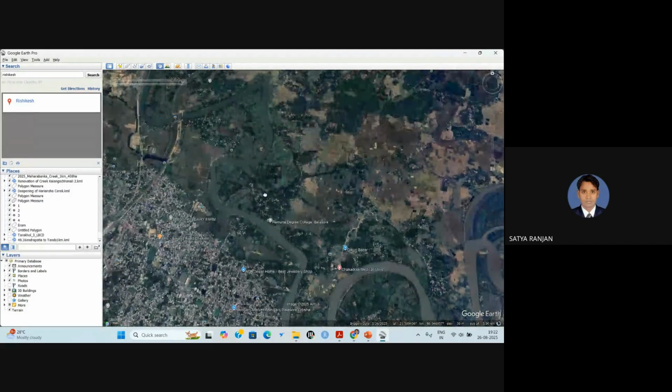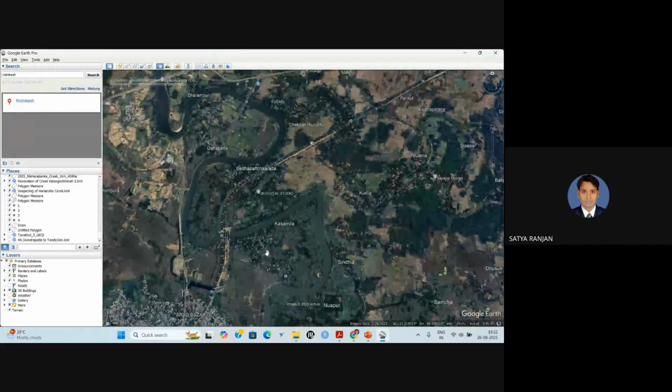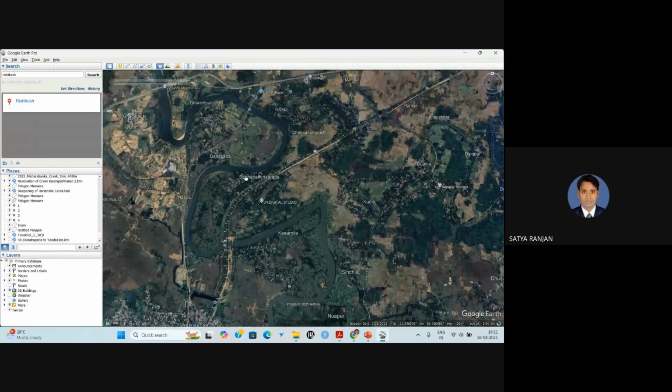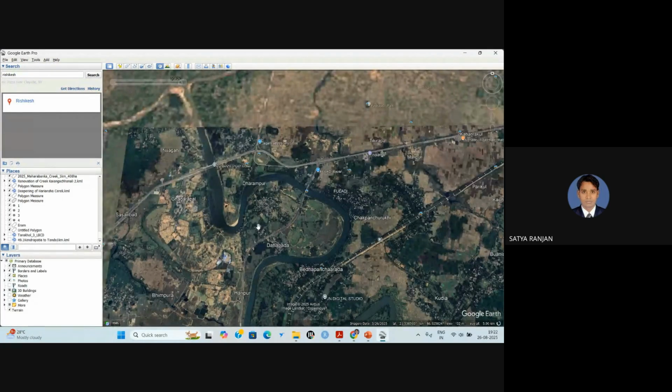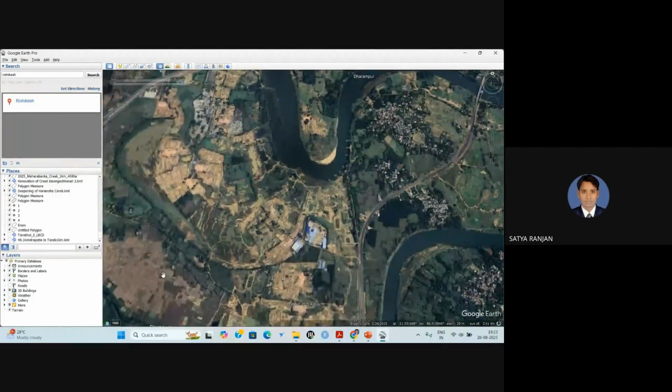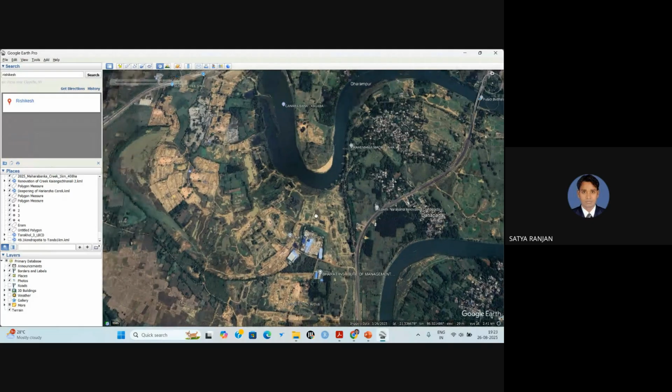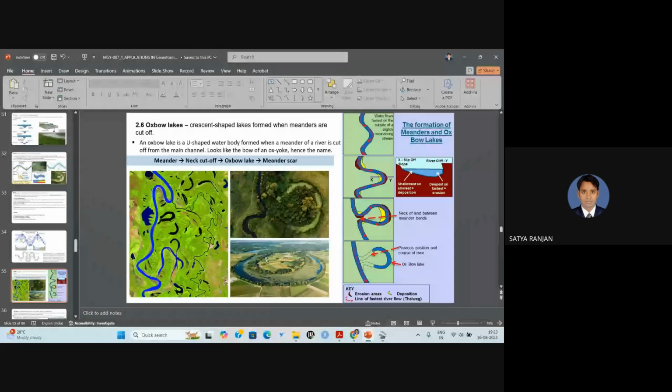So these are called paleo channels, and if there is water contained in these areas, then it is called an oxbow lake. It is also seen that this is the channel. This is the paleo channel found. Likewise, it creates different oxbow lakes and different paleo channels, and then creates different paths.